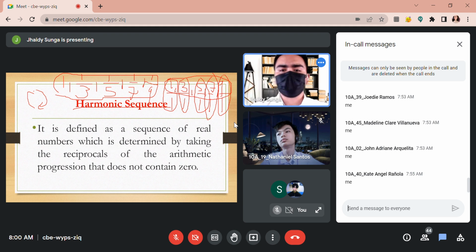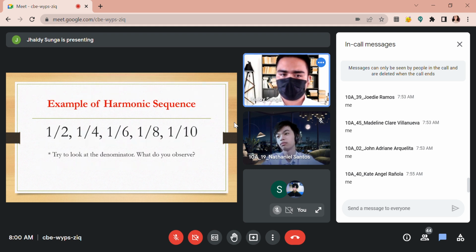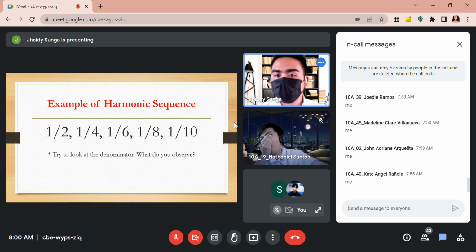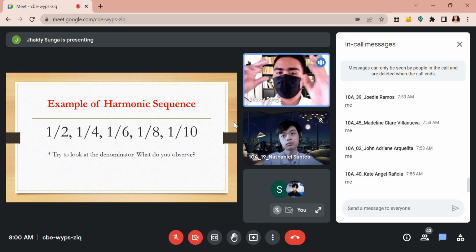Some examples aside from the one that I gave: try to look at the denominators as well. It is 1/2, 1/4, 1/6, 1/8, 1/10, where the denominators are somewhat arithmetic when reciprocated.